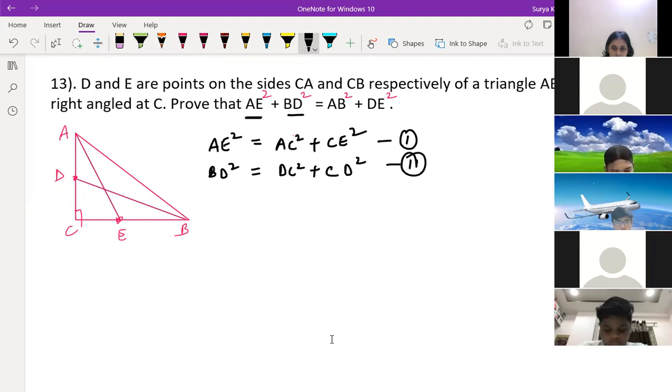On solving, you should get what? To solve, add both of these.